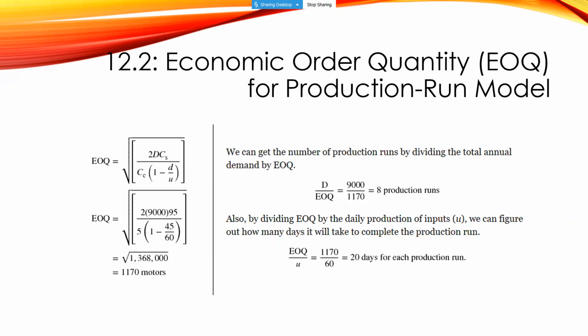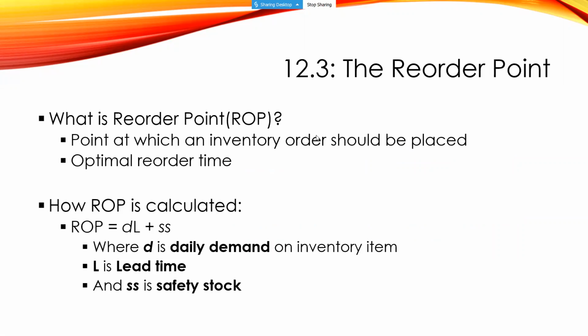And we would do about 8 runs per year. That's basically the difference between EOQ for purchased goods versus manufactured goods. Just need a few additional pieces of information. Little easier, this one.